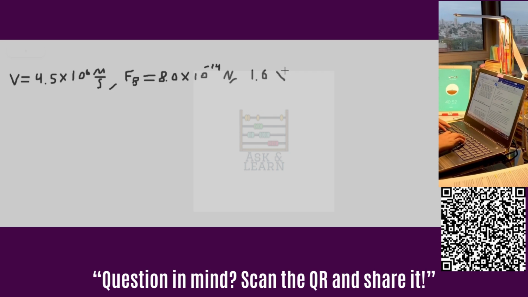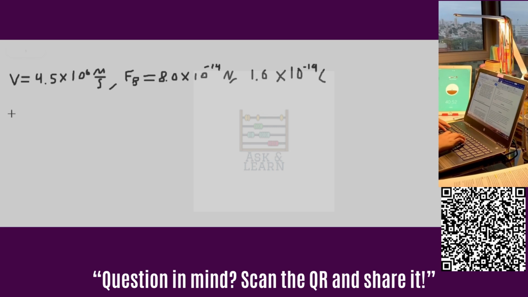It is 1.6 times 10 to the minus 19th power, and that is in coulombs, unit of charge. That is the charge of a proton. So electrons and protons share the same charge. Point of note, electrons are just oppositely charged.